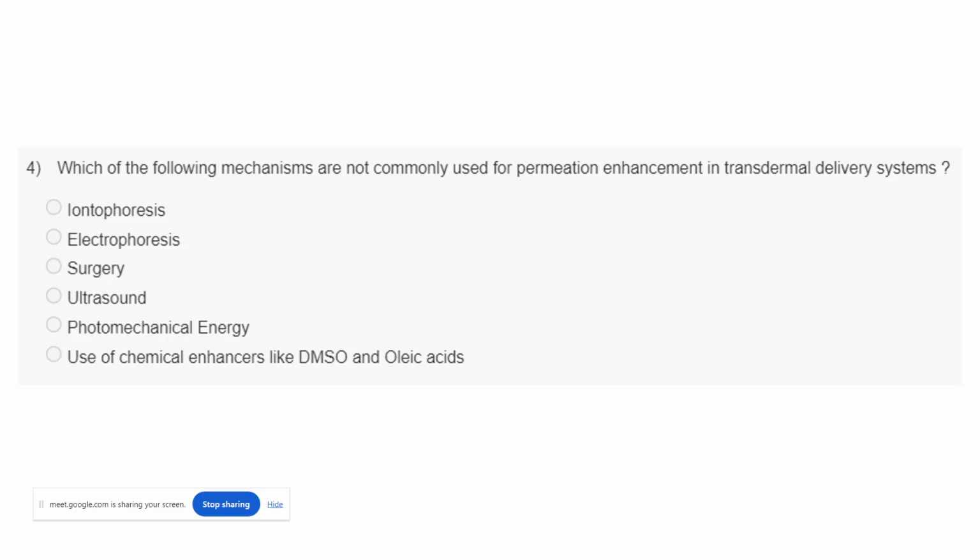Which of these is not commonly used for permeation enhancement in transdermal delivery systems?